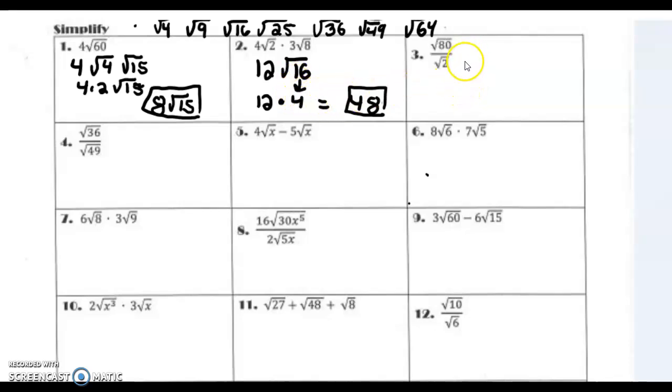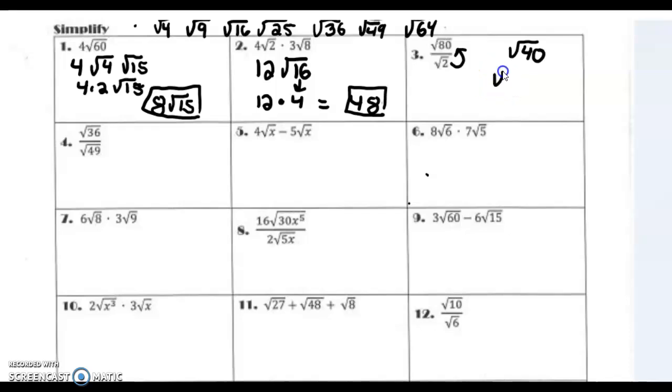Now with division, first thing I always try to do is simplify these before I try to rationalize, because remember what we talked about in class, you can't have a radical on the bottom, okay? So 2 does go into 80 40 times. It still stays under the radical, but now we don't have a fraction.